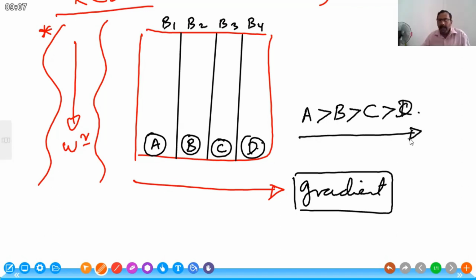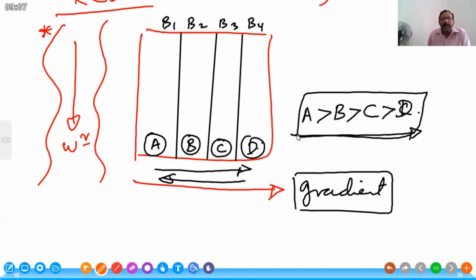There's uniformity in either increasing or decreasing. A gradual increase or gradual decrease, either in this direction or this direction. So this is a normal procedure. If you have a gradual increase or decrease in moisture or any other case, this is called the pattern of gradient.